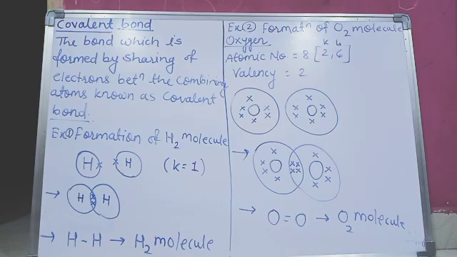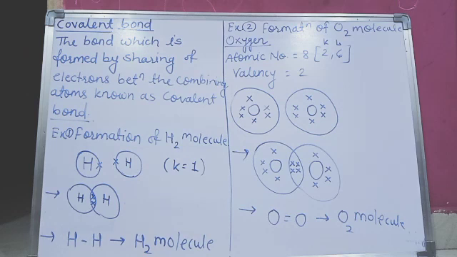So here 2 oxygen atoms share 2 electrons each. Now entirely how many electrons are getting shared? 4. Meaning 2 electrons by each oxygen. So here the type of bond which is formed between 2 oxygen atoms is a double covalent bond.